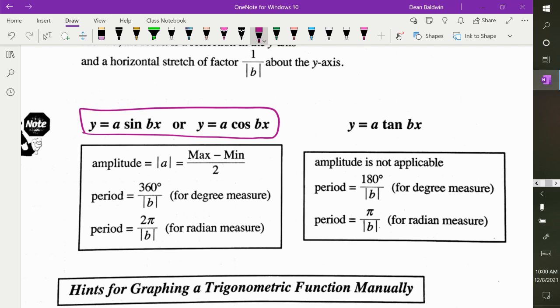Up to you. Amplitude is equal to the absolute value of A or max minus min over 2. You use the max minus min over 2 when you have a graph. Use the absolute value of A when I give you an equation. Okay? That's for an equation.